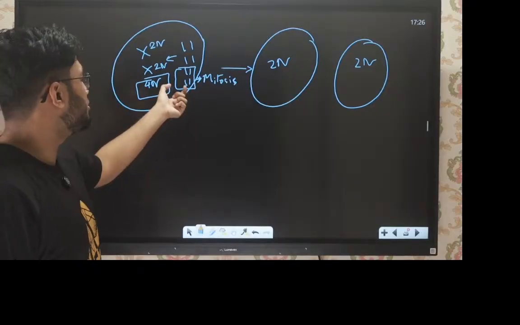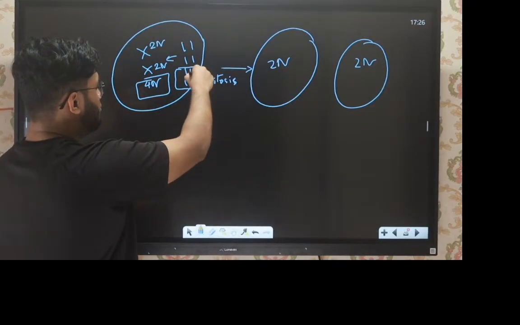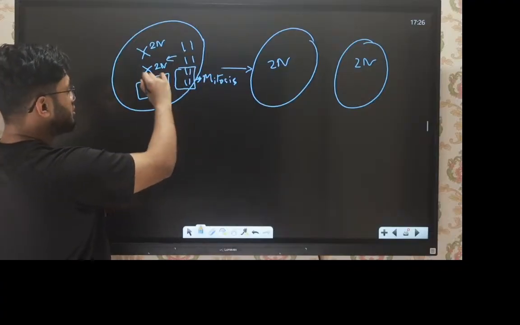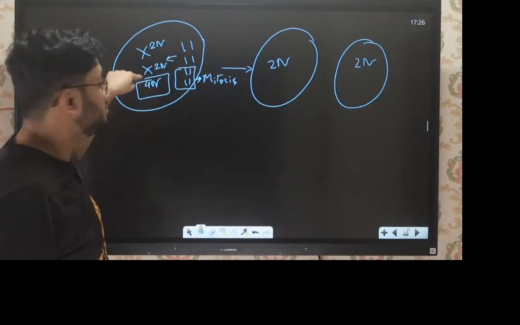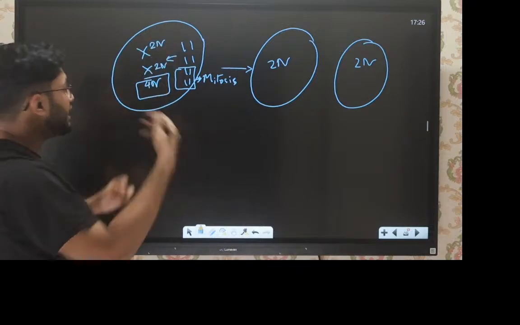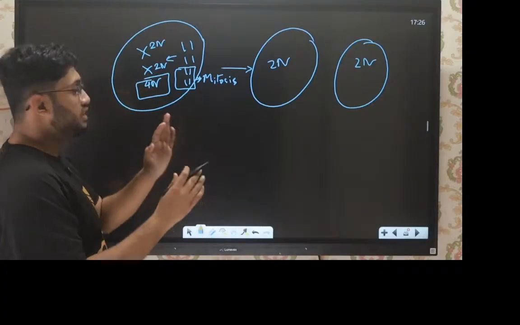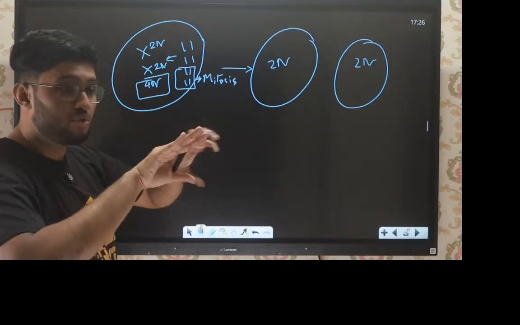This has been formed due to mitosis from these 4. Then these 4 eventually cause the formation of the extra chromosome, and then this 2n plus the previous 2n forms the 4n, and then the 4n gets separated into 2 different cells.